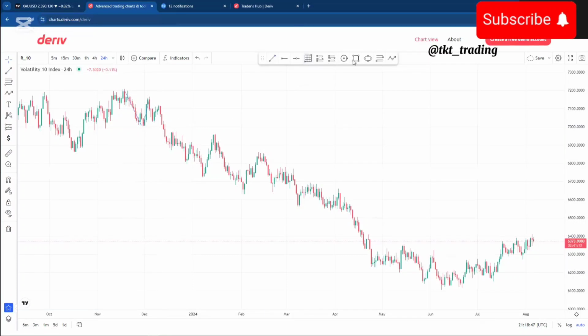The zone is this last green candle before this impulsive move to the downside. This is our supply zone. So price will always react from the supply zone in a downtrend market. You understand me? Price will always react from the supply zone in a downtrend market during a retracement.